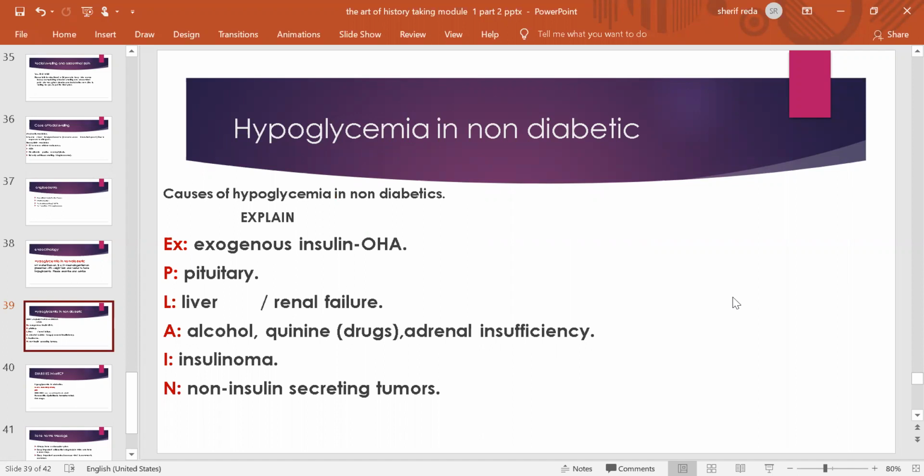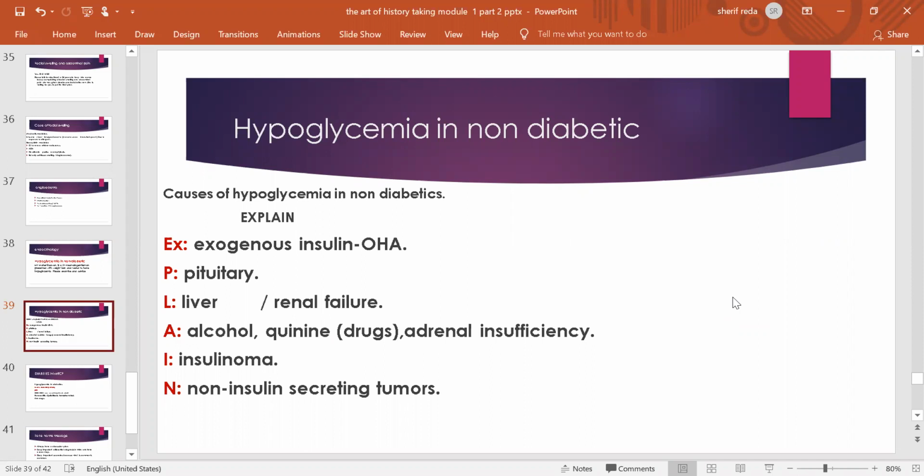For the causes of hypoglycemia in non-diabetics, I also put a new mnemonic, which is called EXPLAIN. EX stands for exogenous insulin or oral hypoglycemic drugs. P stands for pituitary causes. L stands for liver disease, chronic liver disease or chronic renal failure.